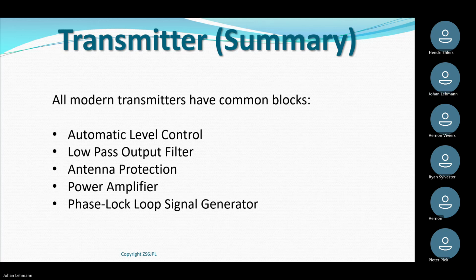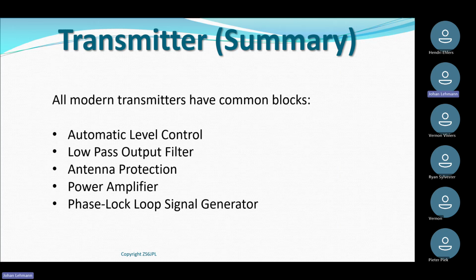If I stand with that same high brightness torch in front of a mirror and shine it into the mirror, all that light is going to be reflected back at me and it's going to blind my eyes. So when we do antennas, you'll cover it, but it's important for your antenna not to reflect power back, because power reflected back damages your amplifier. So all modern transmitters have antenna protection.